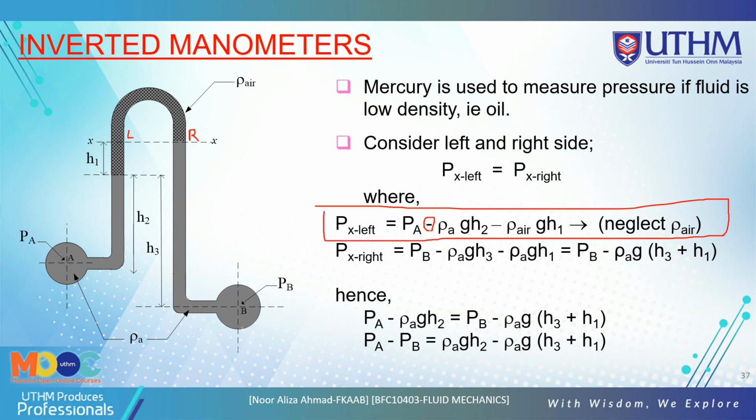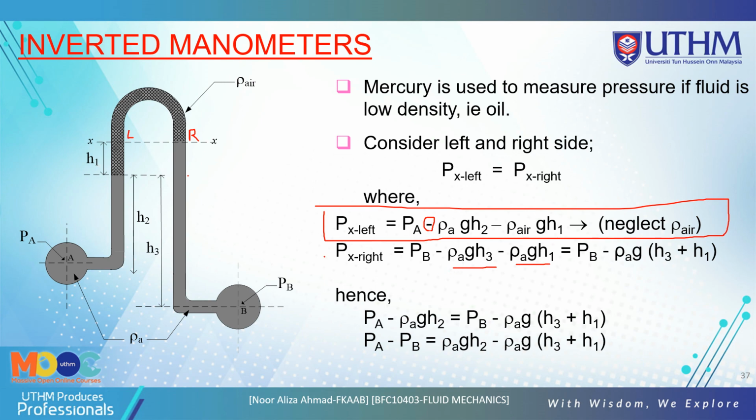Okay, so P right is based on PB, pressure at B, minus the pressure at the same fluid here, PA. Okay, that's why the PA times by G times by H3, the H3 here. Okay, minus also the A here, density of A times by G times by H1. Okay, so we get this one.